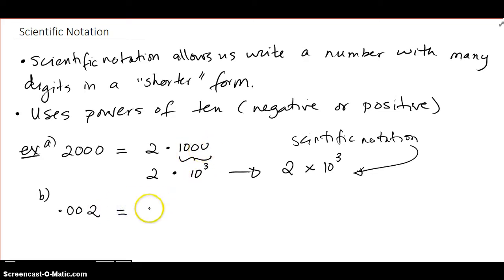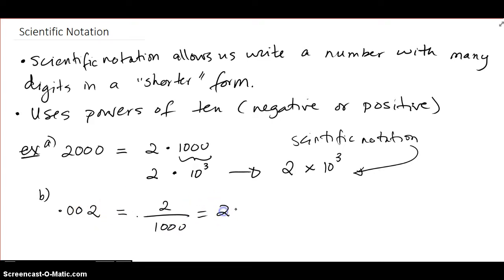I can rewrite that as 2 times, if I take 2 and divide it by 1,000, that is how I get 0.002.